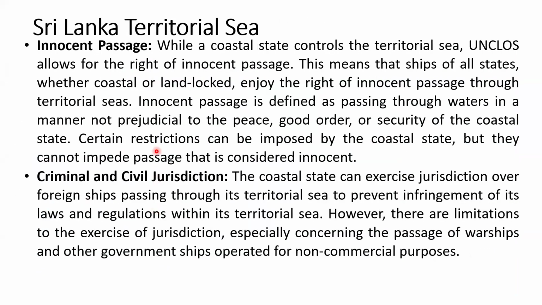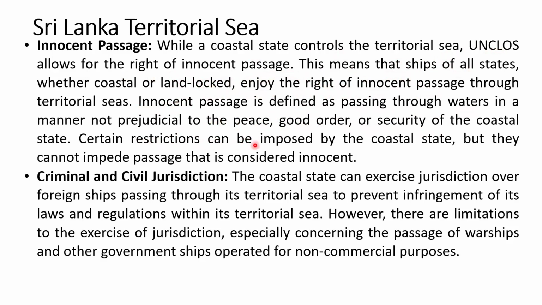While coastal states control the territorial sea, this convention allows the right of innocent passage. This means that ships of all states, whether coastal or landlocked, enjoy the right of innocent passage through the territorial sea. Innocent passage is defined as passing through waters in a manner not prejudicial to the peace, good order, or security of the coastal state.